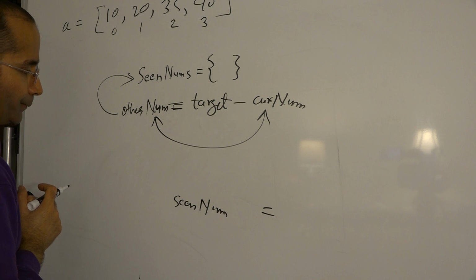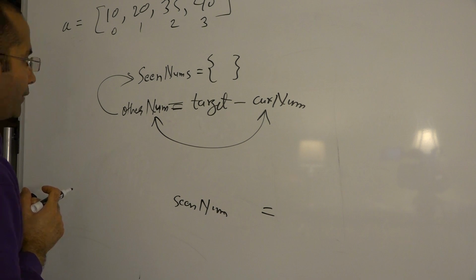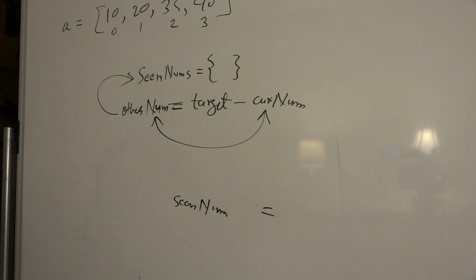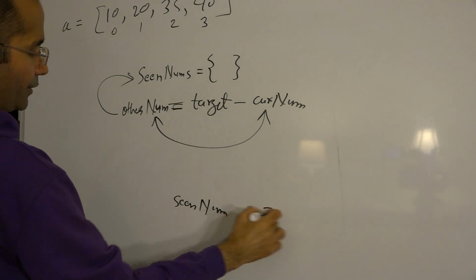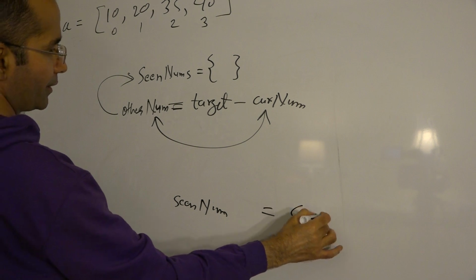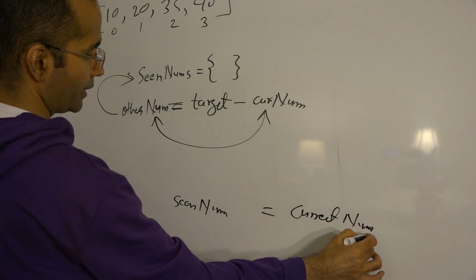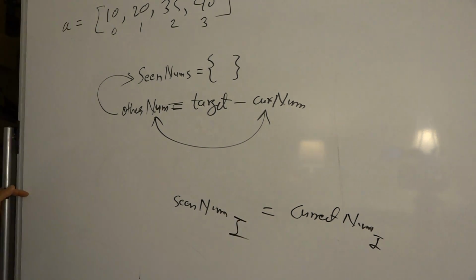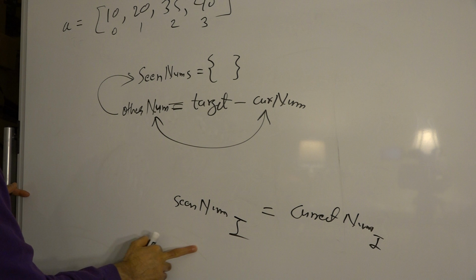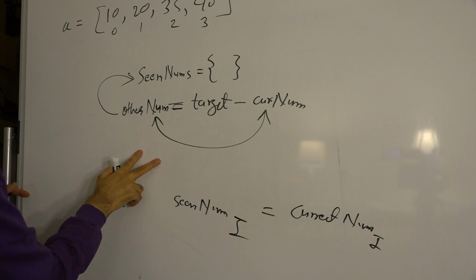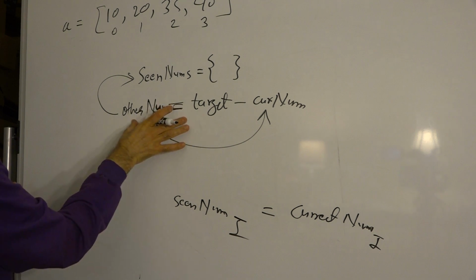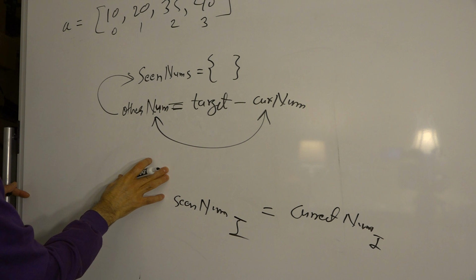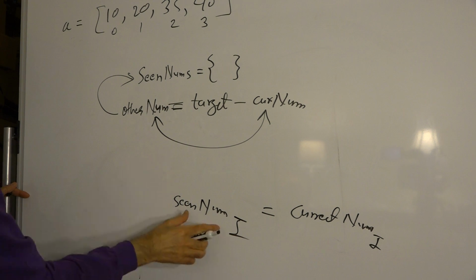So now how do we write this in some programming language? We store seen number is equal to current number, that'll be the index. And then we'll be doing some sort of comparison. If this thing is not satisfied, we'll be storing it as a seen number.